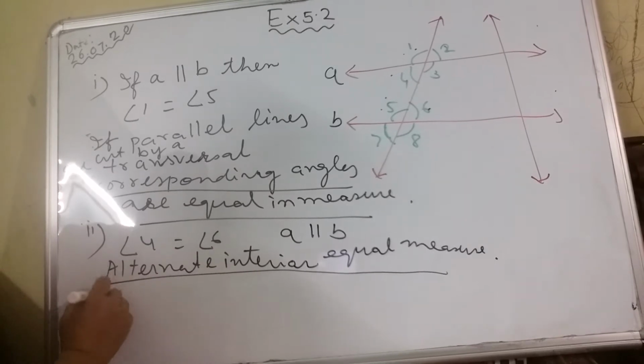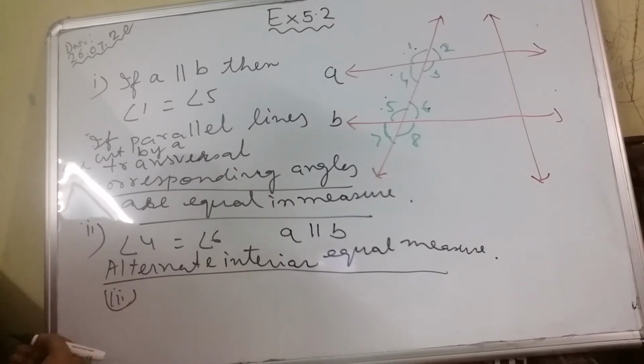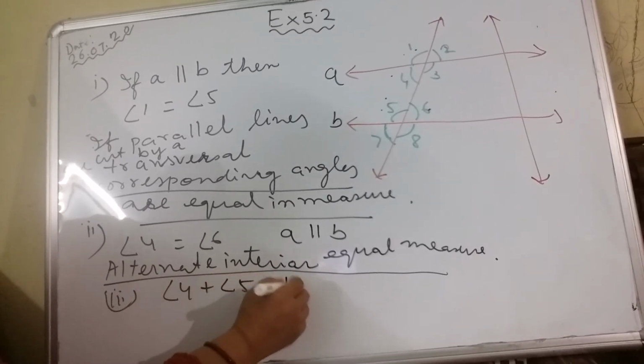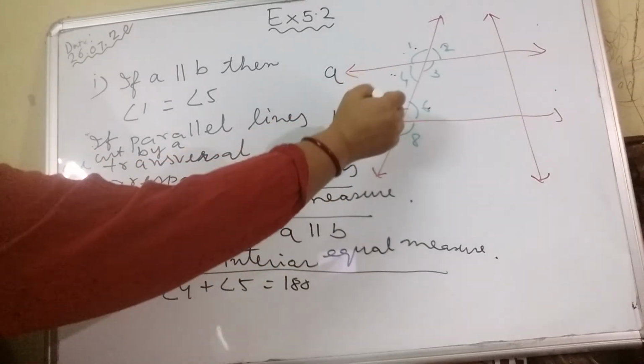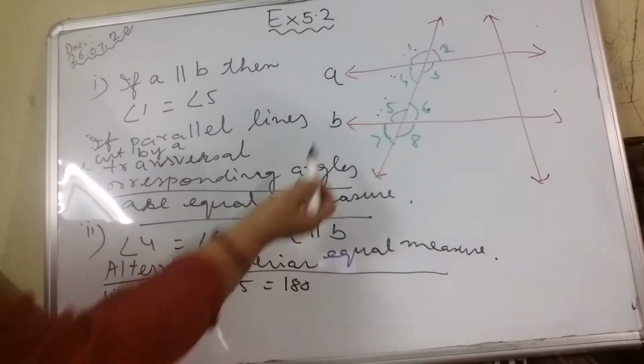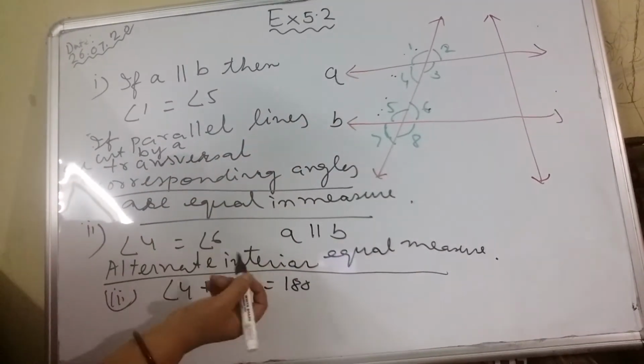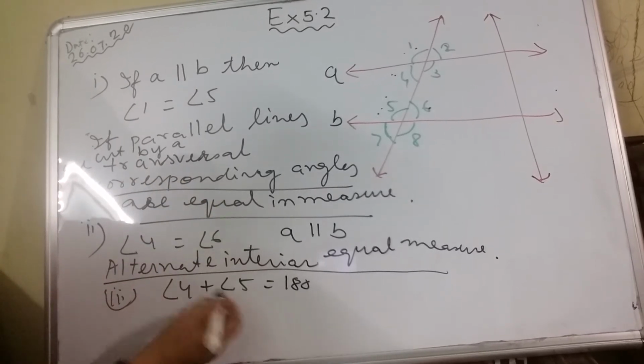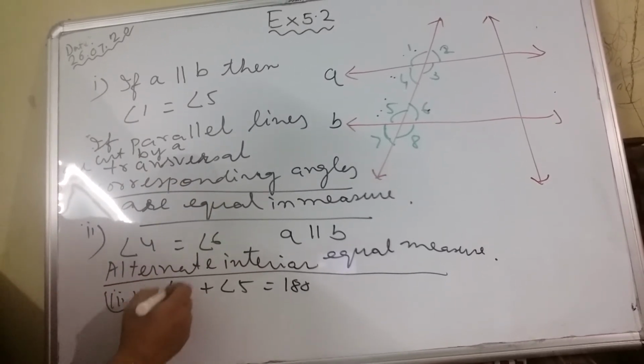Third is if angle 4 plus angle 5 equals 180 degrees, that means this angle and this angle. So these interior angles lying on the same side of the transversal are supplementary.